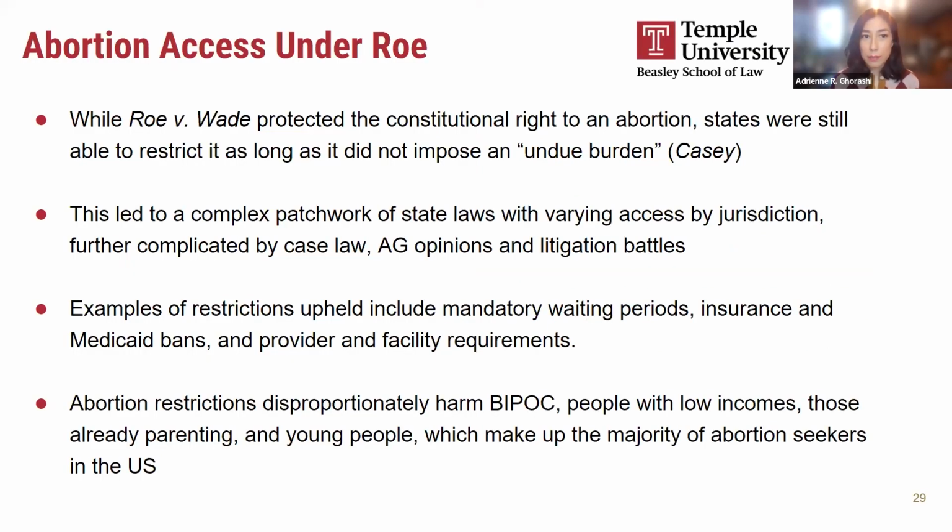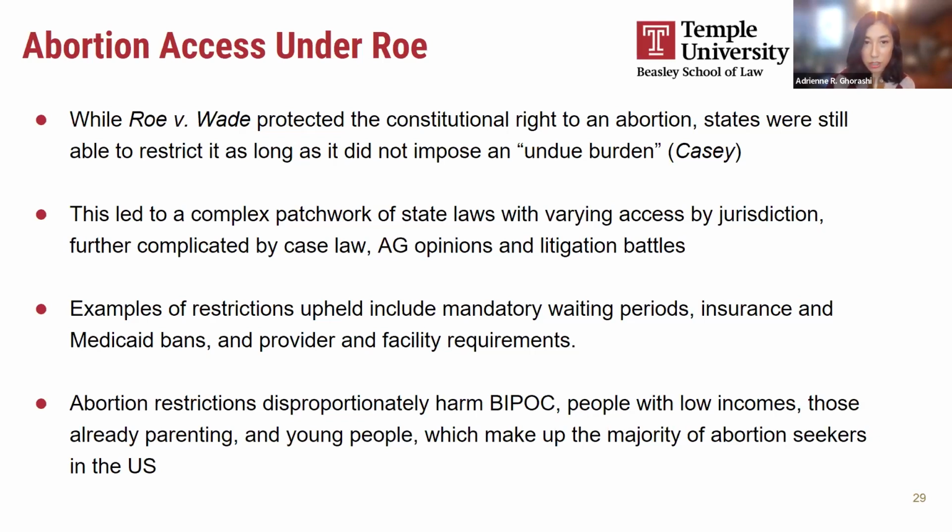So just to give some background on what things looked like under Roe. For the past 50 years under Roe, the landscape was already deeply fractured based on the holding in Roe and Casey's undue burden standard. So not only did state statutes and regulations vary sharply from state to state, but they added complications of litigation and case law, AG opinions, all of which were largely based on Roe. And so states were largely free to restrict abortion as long as it wasn't an outright ban, such as the one in Dobbs.